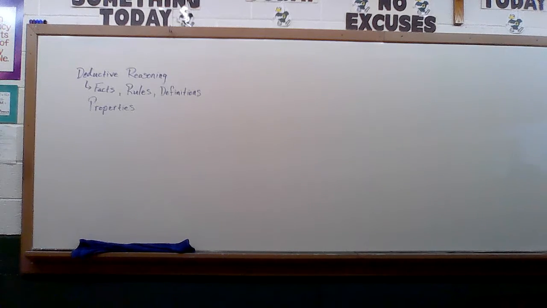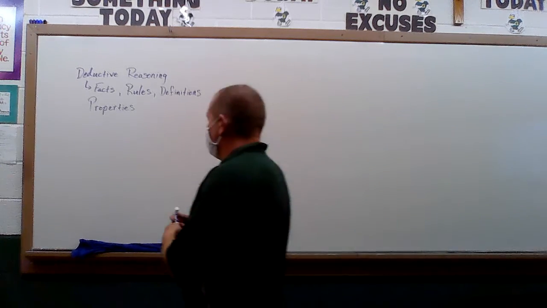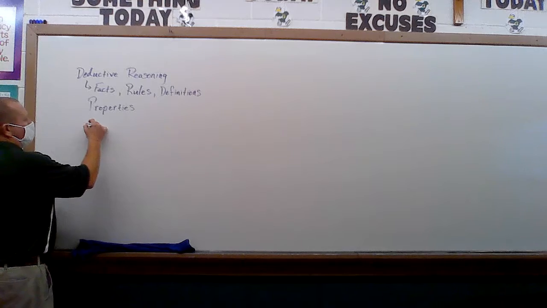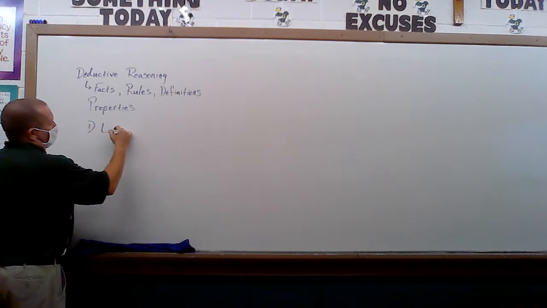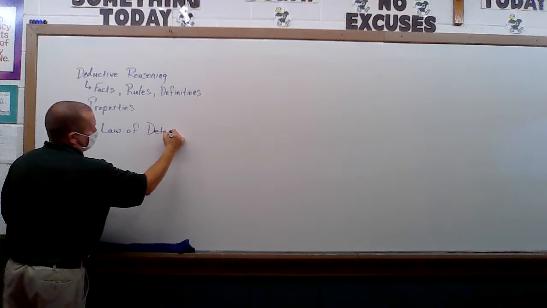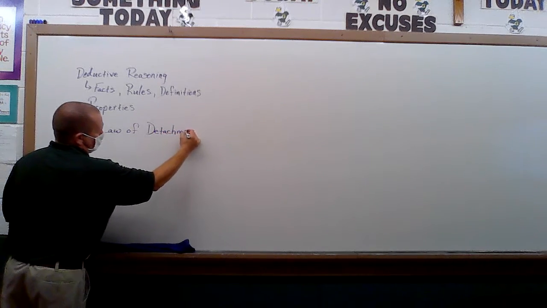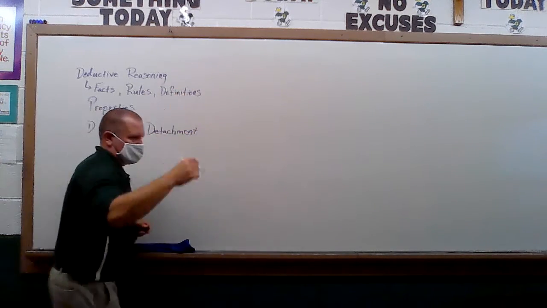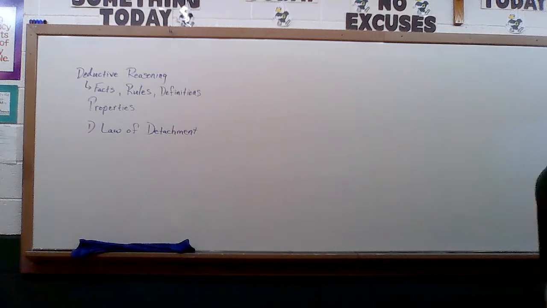So with deductive reasoning, we have two things that could happen. Number one, it's called the law of detachment. So we'll go through more examples of this here in a little bit. In the law of detachment, we're going to go back and use our if-then statements. All right?